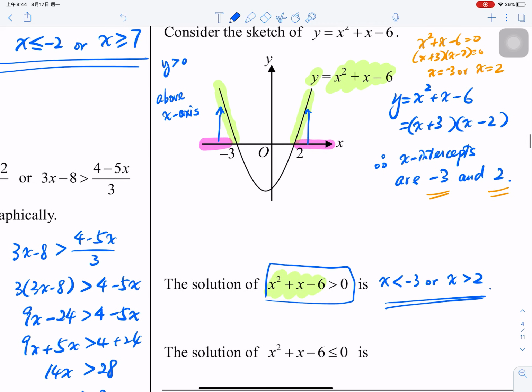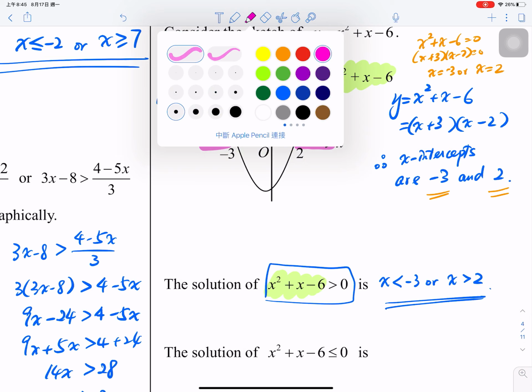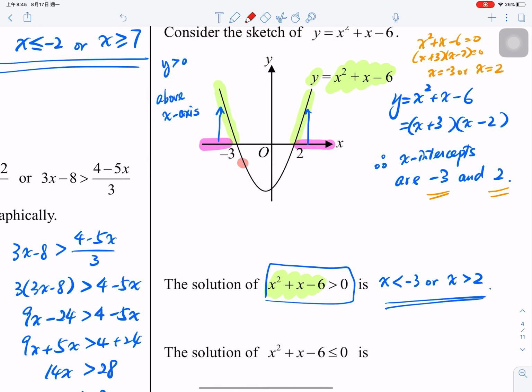Okay. At the same time, if the question asks you this one smaller or equal to 0, what does that mean? That means y smaller or equal to 0. I use the red one. You see that this one is smaller than 0, right?